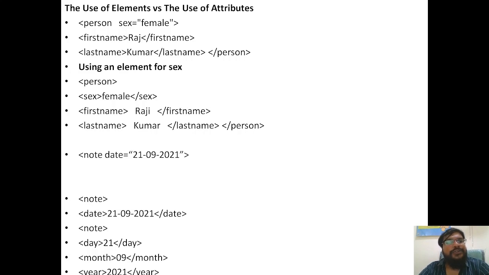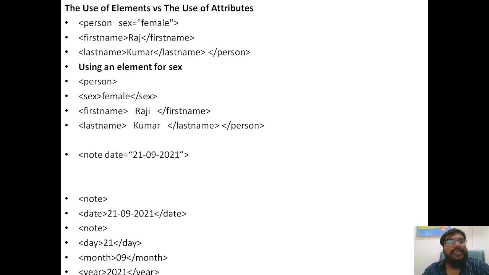But whenever you are using sex as an element, first we had taken person as a tag and sex as another tag, first name and last name as other tags, right? So whenever you are declaring it as an attribute, you'll be using it inside a tag, and whenever you are using it as an element, you'll be declaring it beneath a particular tag.